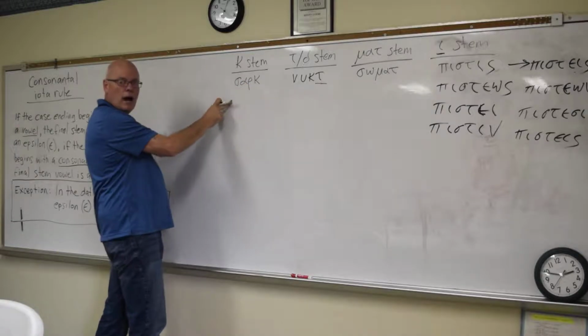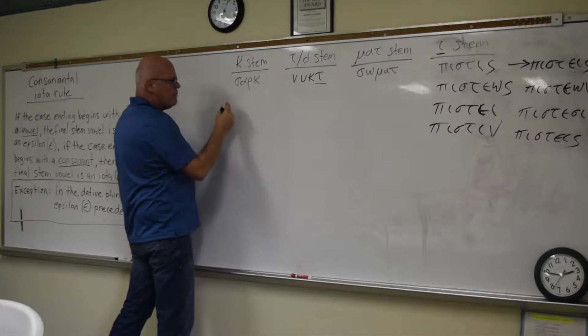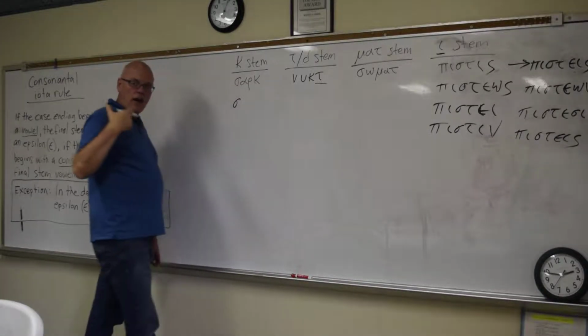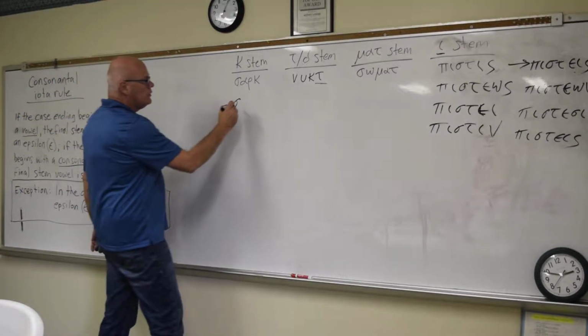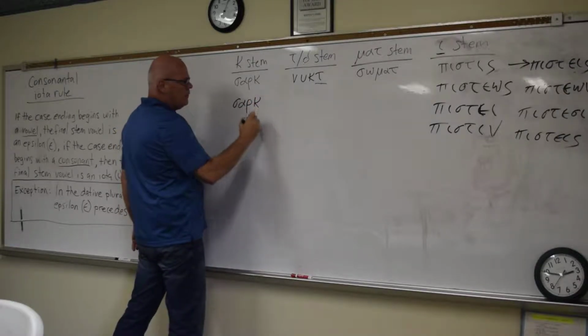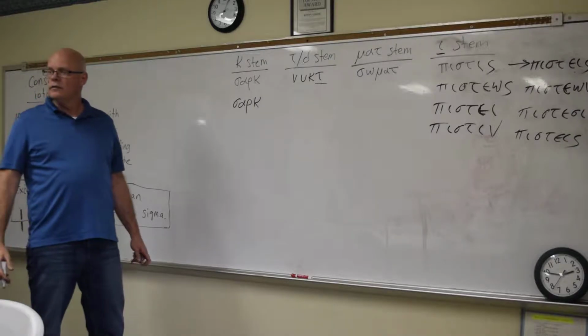Okay, so we're going to go to the kappa stem. As we know, this is the stem. So how would I create a nominative singular? Just add a sigma.